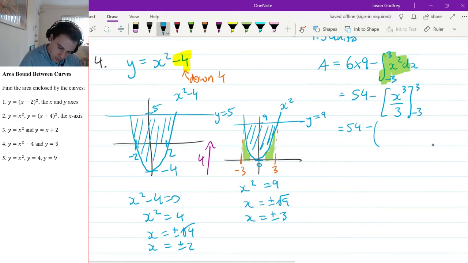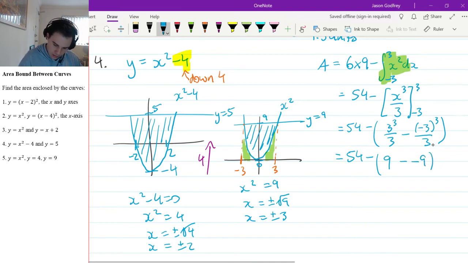So putting in 3 cubed on 3, minus negative 3 cubed on 3, is 54 minus, 3 cubed is 27 on 3 is 9, minus negative 3 cubed on 3 is minus negative 9, so that's 18. 54 minus 18 is 36.